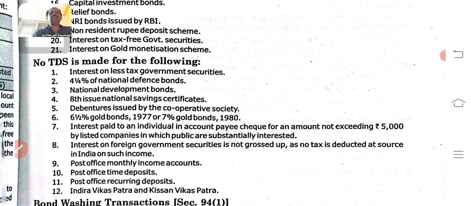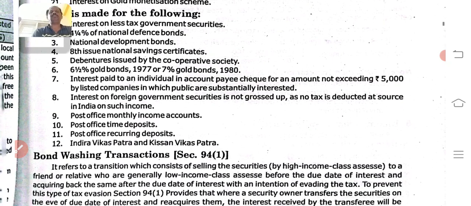Interest paid to an individual by account payee cheque for an amount not exceeding rupees 5,000 by listed companies in which the public are substantially interested.